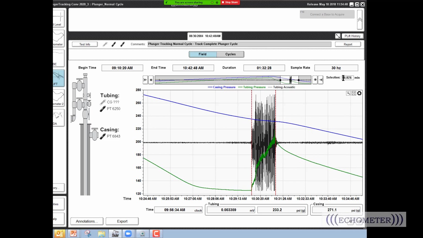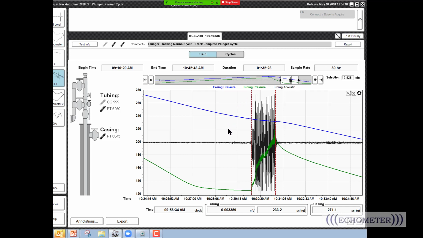I can change the time right here to a certain time interval. Here it's 10.826 minutes. I can see when it started, I can see when the test ended, I can see the duration of the test in time, and I can see my sampling speed.